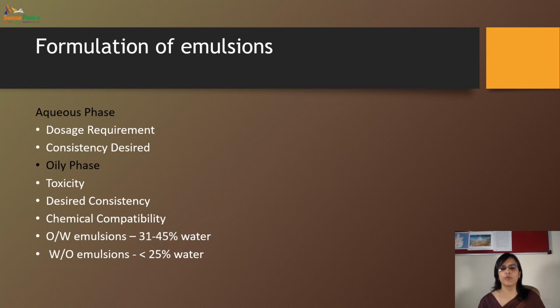For the oil phase, before selecting it we need to know the toxicity; the desired consistency is also important, and chemical compatibility. Generally for oil in water type of emulsion, the water percentage ranges from 31 to 45%, and for water in oil emulsions, less than 25% of the total volume is water.